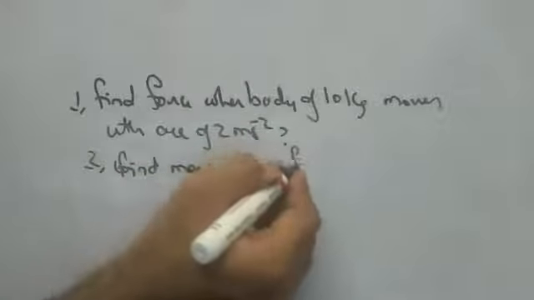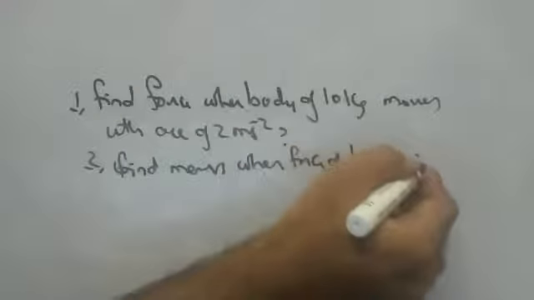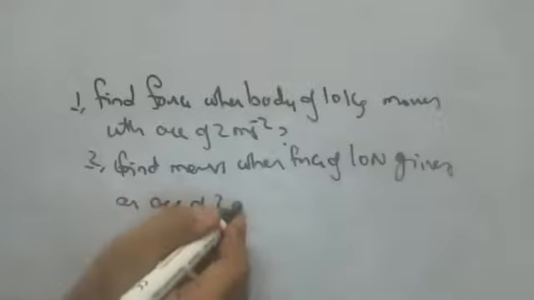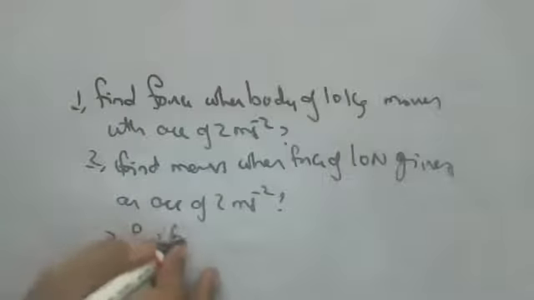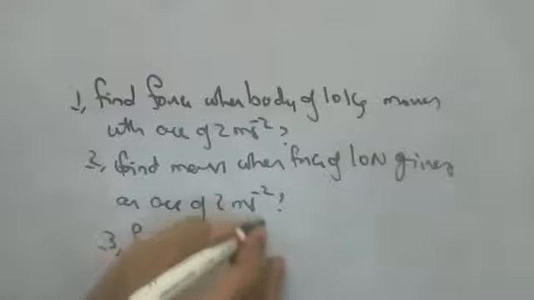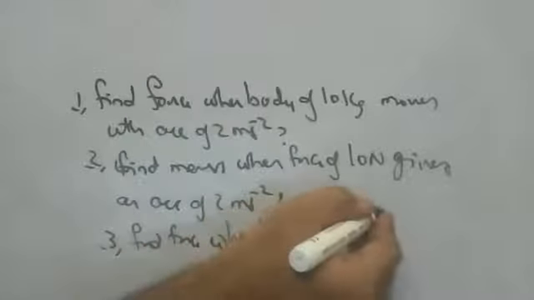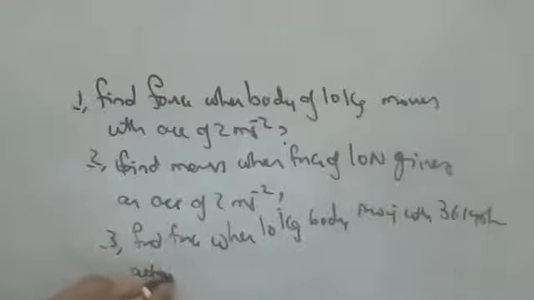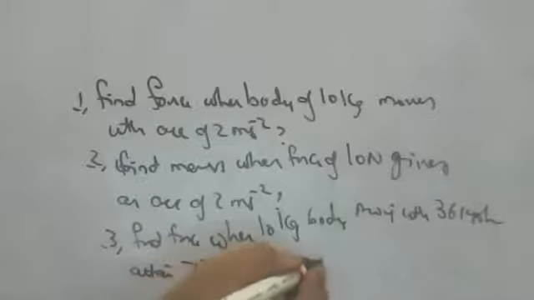When a force of 2 Newton gives an acceleration of 2 meters per second square. Find force when a 10 kg body moving with 36 kmph attains 72 kmph in 2 minutes.